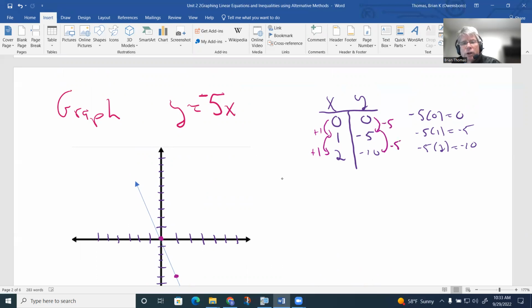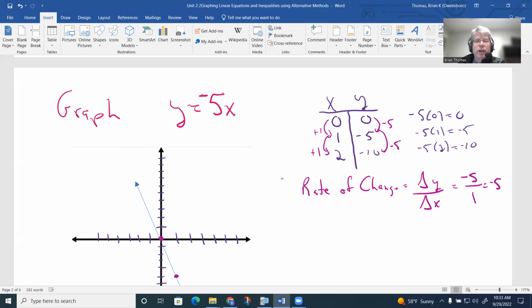So this is called our rate of change. And the rate of change is defined by the change in y over the change in x. So that delta symbol kind of stands for the words change in. So my slope, or my rate of change, would be a -5 over a 1, which would be the same thing as a -5.